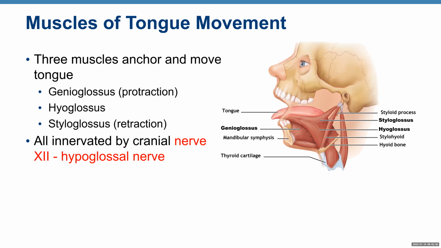Muscles of tongue movement. 3 muscles anchor and move the tongue. All of them have the word glossus in their name. Glossus is tongue. Genioglossus, protraction, go out. So genioglossus, it's the muscle right here.